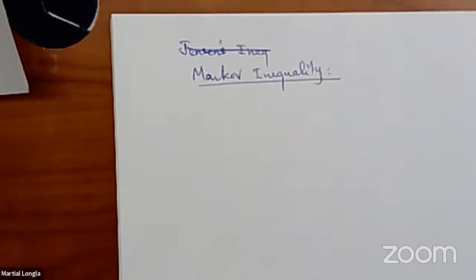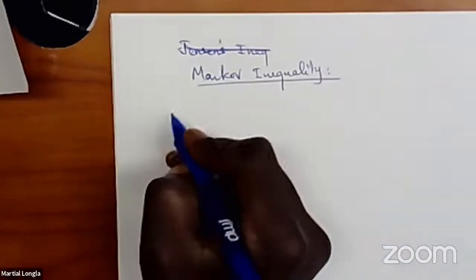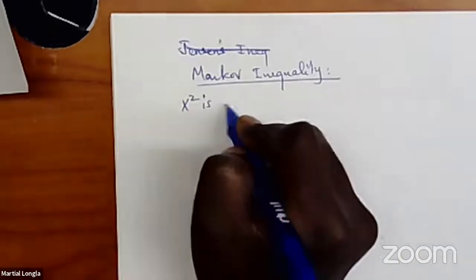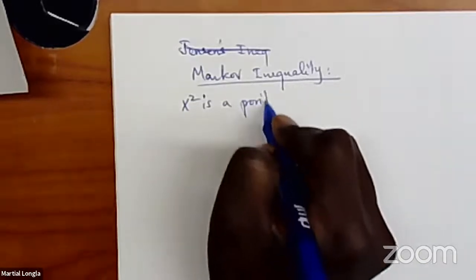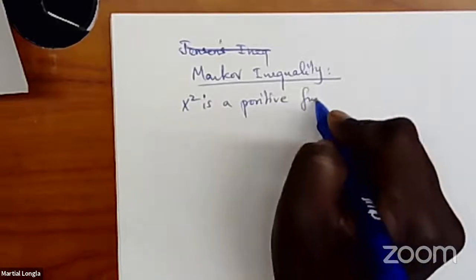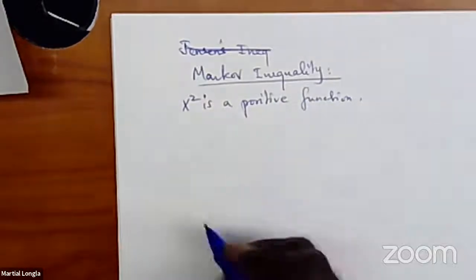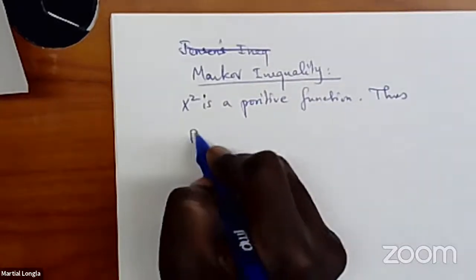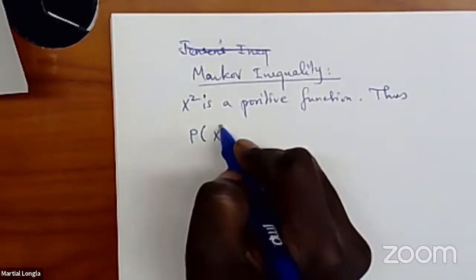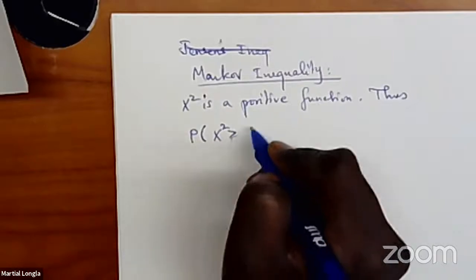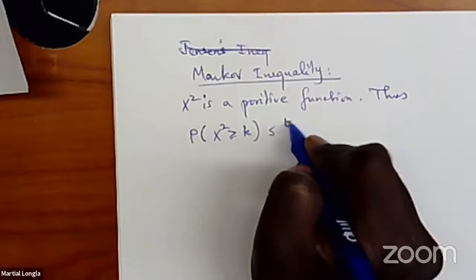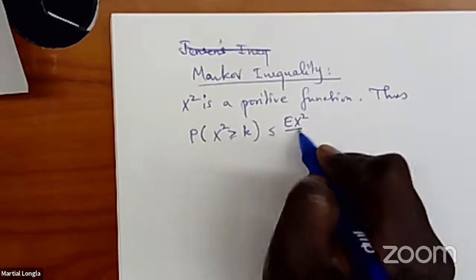Markov inequality would mean, because here x squared is a positive function, thus the probability that x squared is larger than or equal to k is less than or equal to the expected value of x squared over k.